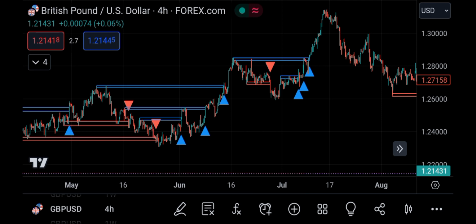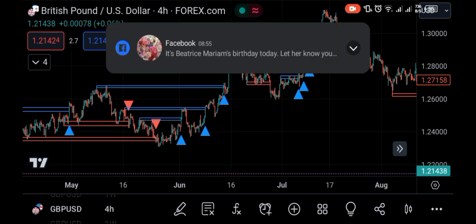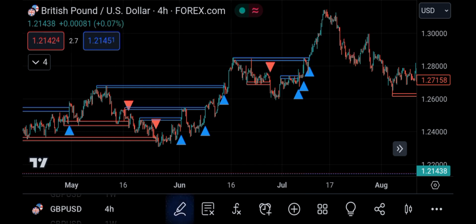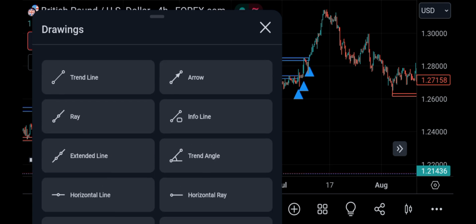For instance, as we looked at the swing high and the swing low, like we're going to see straight away.